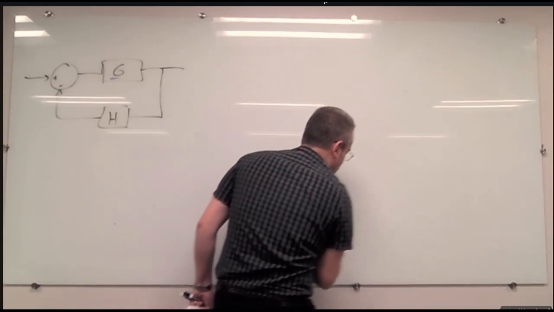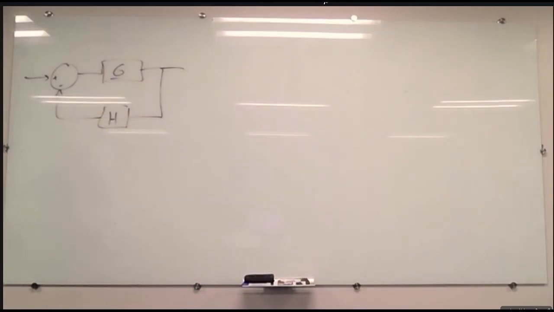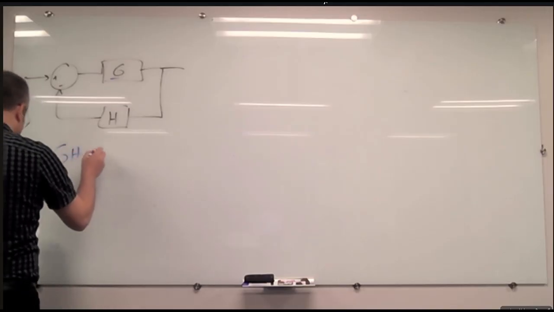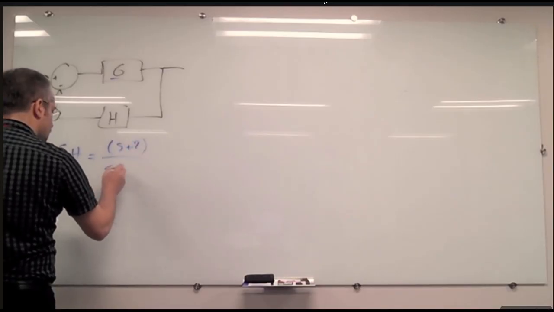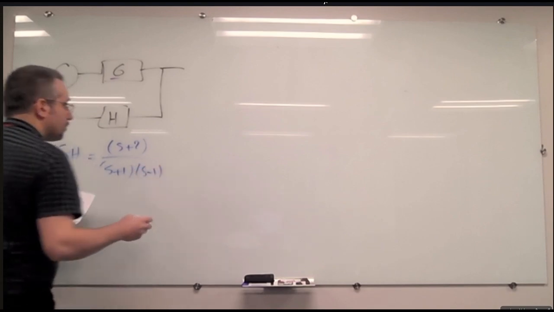The concept behind it, you don't need to memorize, just understand it to see what's happening. The new GH is going to be S plus 2 over S plus 1 times S minus 1.